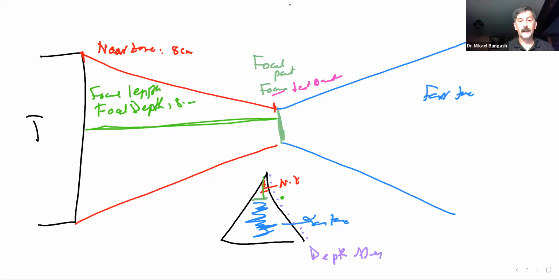Or you can again say, I'm able to look at a distance up to just 5 miles. Right? That field, up to 5 miles, is what you're able to clearly see.